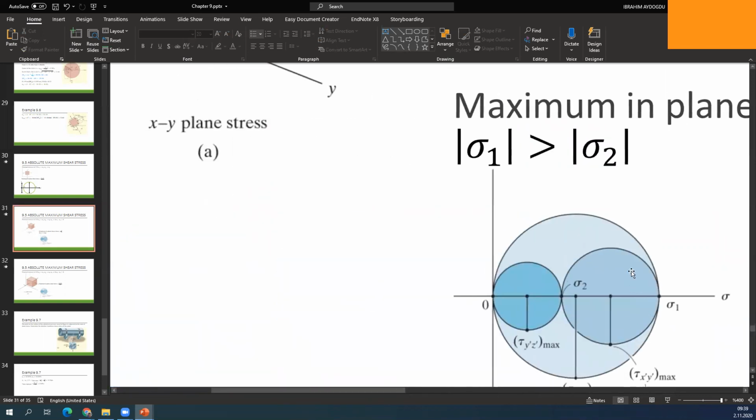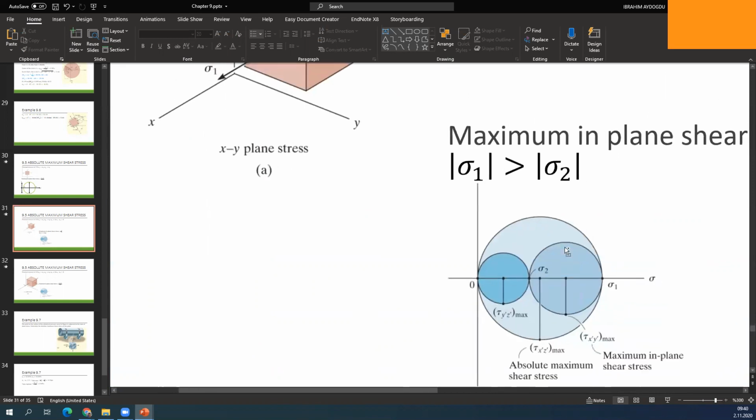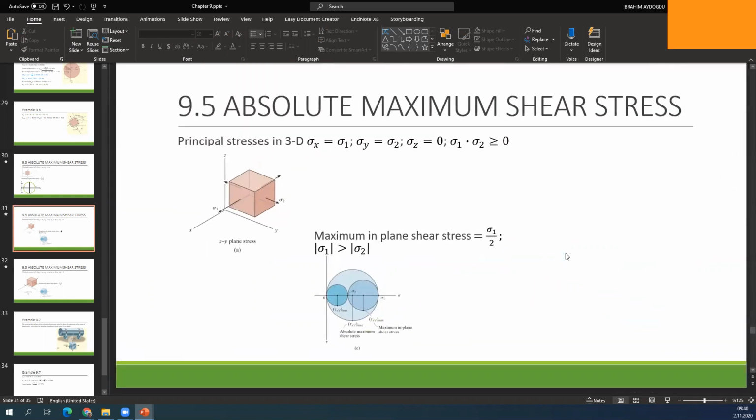So if we consider just the 2D case, we are drawing only one Mohr circle. Also, you can see the value is smaller than the big circle. So we should consider the 3D case even though our stresses occur in 2D.